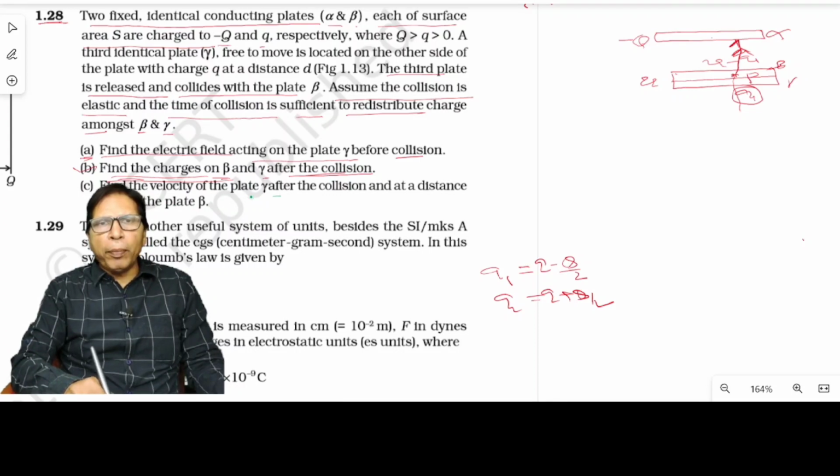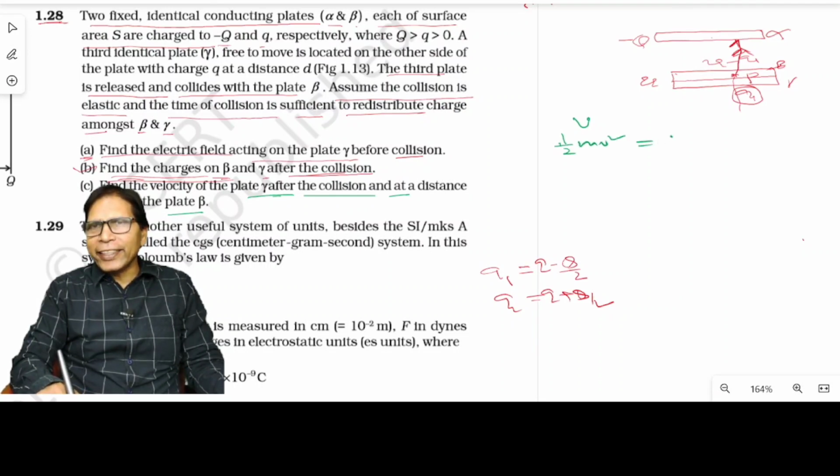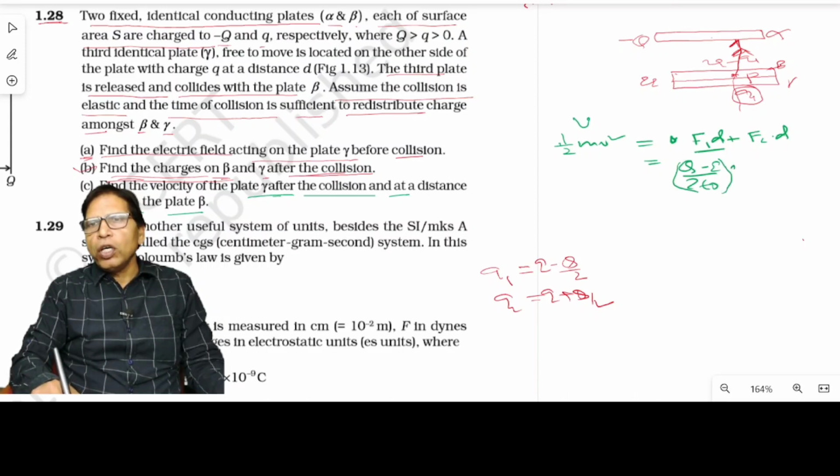Now find the velocity of the plate gamma after the collision, at a distance d from the plate. So look at this, if v is the velocity of the plate gamma, then half m v square equals the work done against the round trip. During forward motion the force is F1 into d, and during reverse motion it is F2 into d. Before collision, the work done equals the field, (q minus q) by 2 epsilon naught A, into charge q into d.